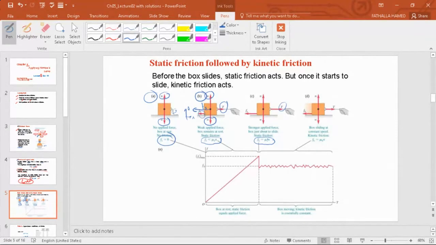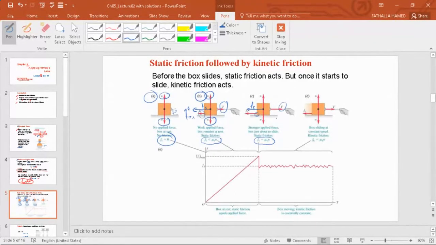Now, the tension that you apply is equal to the static friction. I'm drawing here just to tell you that it should be from the center of the mass, but usually in many textbooks they actually draw it between the two surfaces, just to tell you it's originating from there.